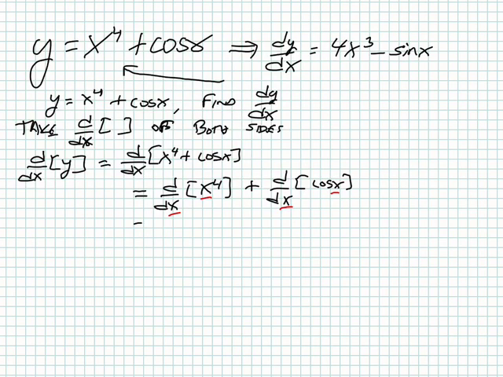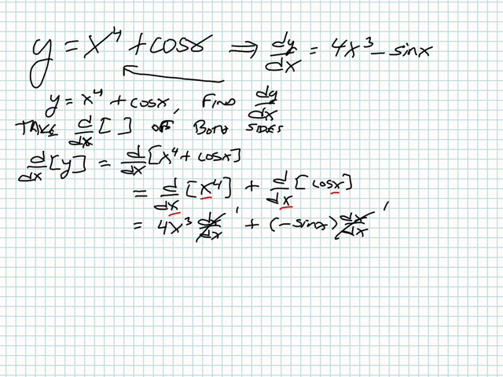But I will write it out this one time. So I take the derivative of x to the fourth with respect to x. I get 4x cubed times the chain, which is dx. Plus, if I take the derivative of cosine of x with respect to x, I get minus sine of x times dx. Now dx is 1, and so that's why we never write it. But technically that chain is still there.